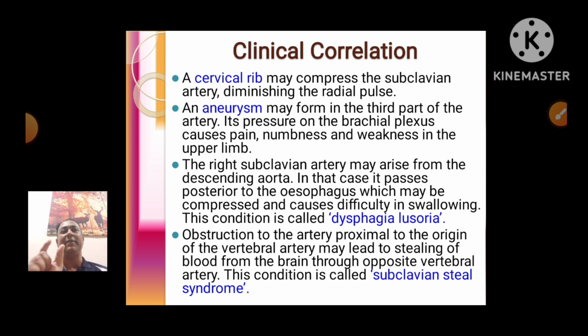Aneurysm means third part of the cervical subclavian artery dilate हो जाती है. अगर dilate हो जाती है तो क्या होगा, उसके आजू बाजू के जो स्ट्रक्चर है उसके ऊपर कंप्रेशन करेगी. तो ब्रेकियल प्लेक्सस इज द मेन नर्व सप्लाई ऑफ द अपर लिम्ब. तो आपको रिलेशंस में आपने देखा कि अपर, मिडल एंड लोअर ट्रंक ऑफ ब्रेकियल प्लेक्सस है रिलेशंस में, तो उसको कंप्रेस करेगी तो नर्व सप्लाई डिक्रीज हो जाएगा, तो पेन, नमनेस एंड वीकनेस फील होगी अपर लिम्ब में.